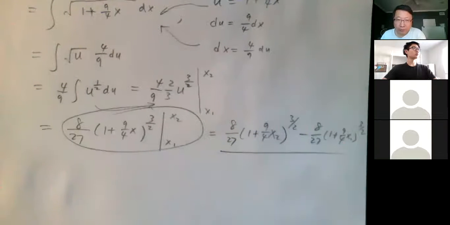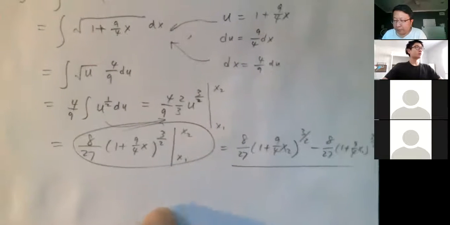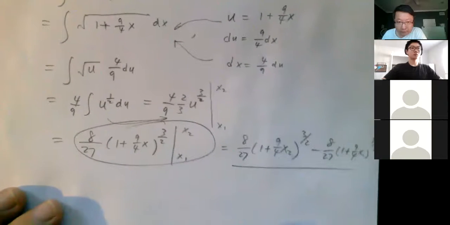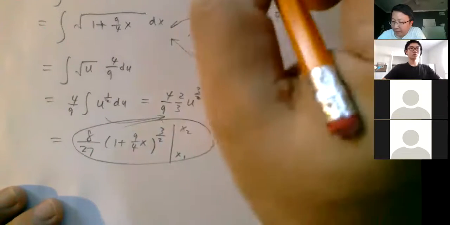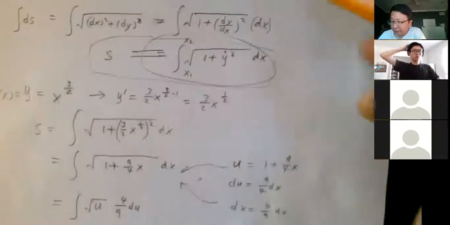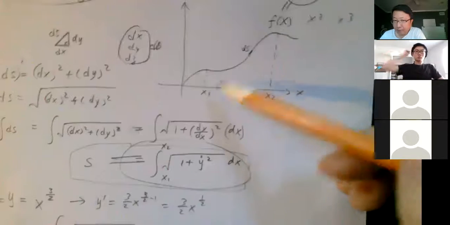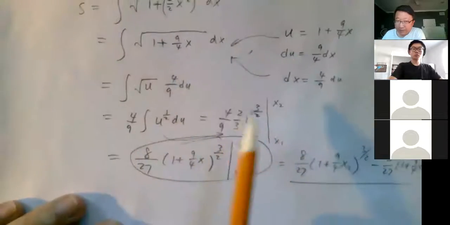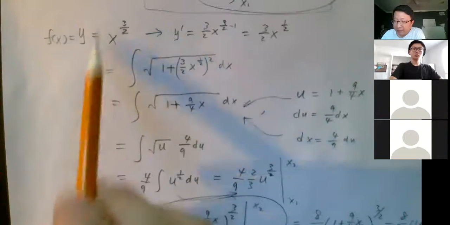So this gives you a quick example of how you can find the curve length of functions. Some are easy. This one is quite easy; I intentionally picked an easy one.